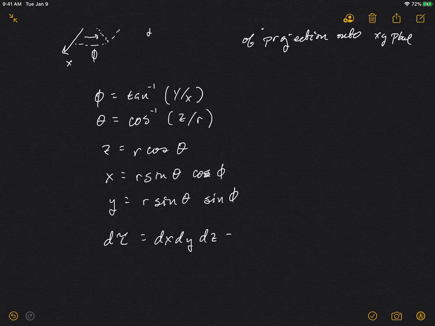In spherical polar coordinates, if we differentiate these expressions and do some rearrangement, we end up with dx dy dz is equal to r squared dr sine theta d theta d phi.